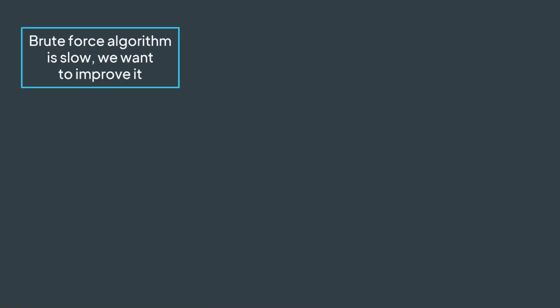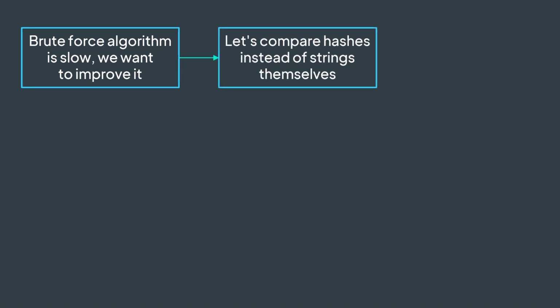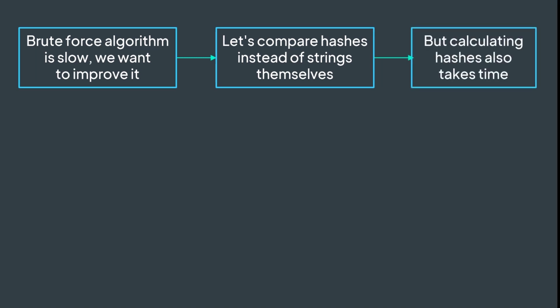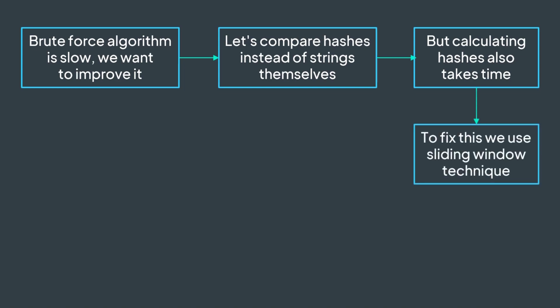Little recap before we dive into the hashing function we're gonna use. Brute force solution has an O of n times m time complexity because it traverses m characters at each iteration to compare. To improve it, we want to compare hashes instead of strings themselves, because comparing integers is an O of 1 time. But calculating the hash costs O of m, unless we use a sliding window technique with a rolling hash function to get the hash of the next window in O of 1.